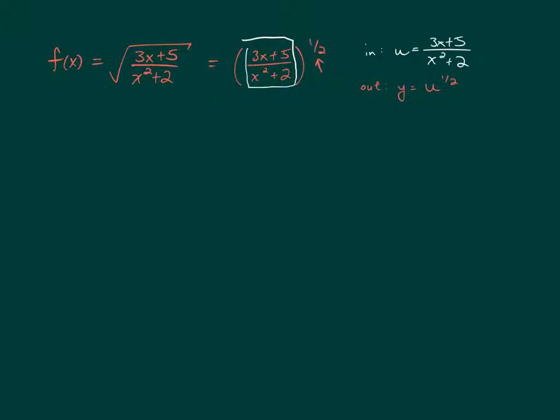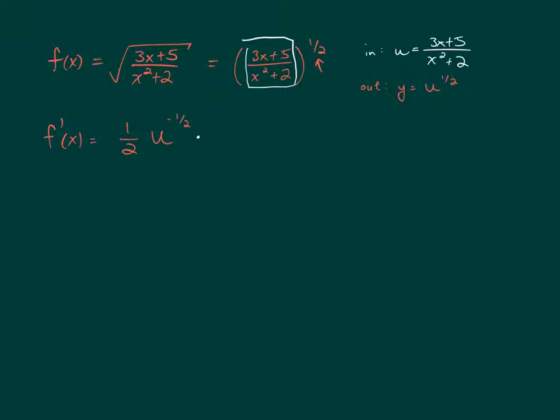So now if we're trying to find the derivative, f prime of x equals the derivative of y with respect to u. So that will end up being 1/2 u to the negative 1/2 power times the derivative of u with respect to x. And you can see here that because of this quotient, we will need to use the quotient rule to figure out what that derivative is.